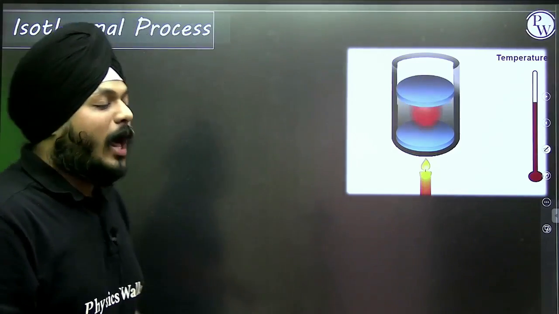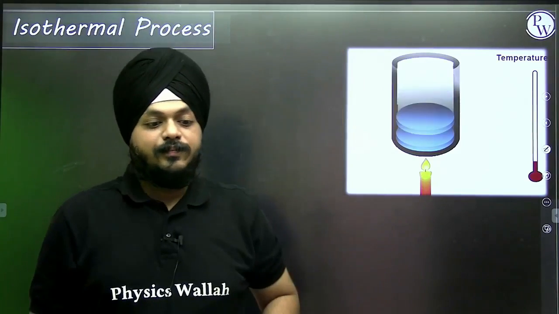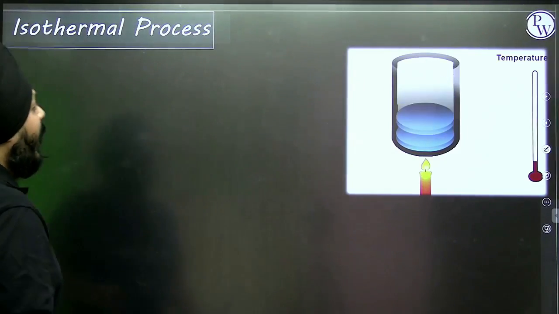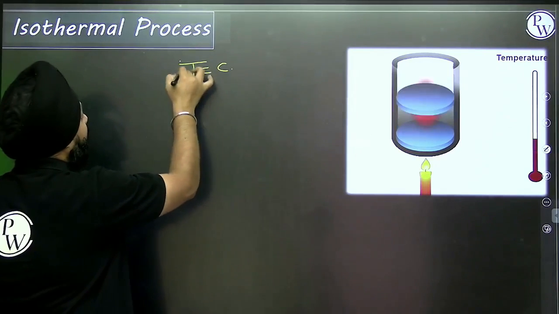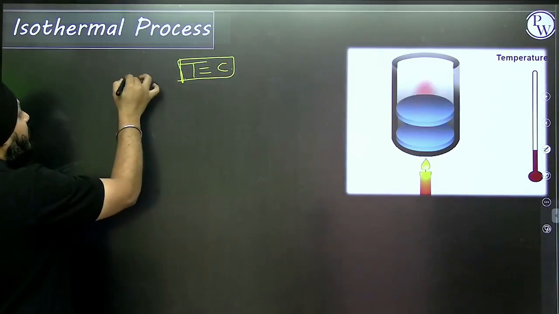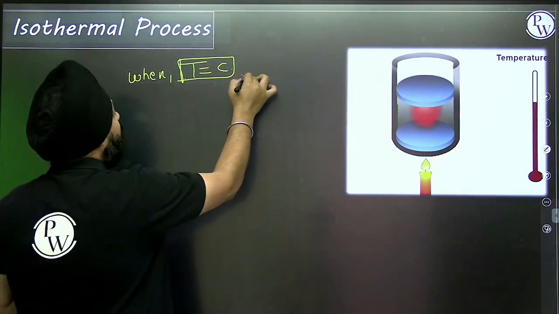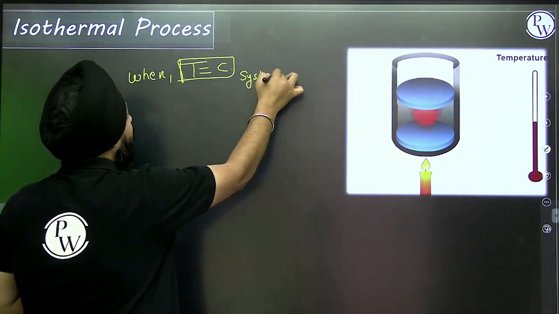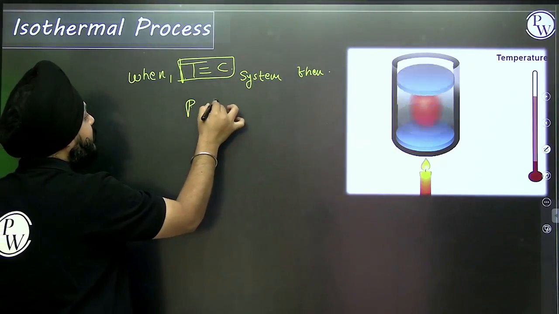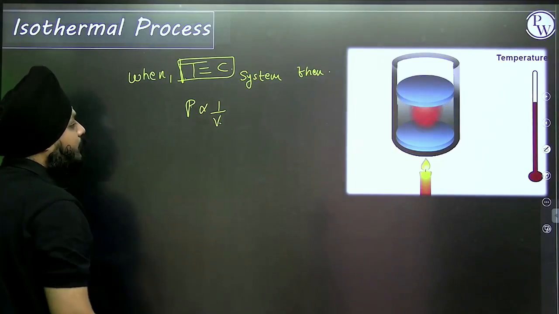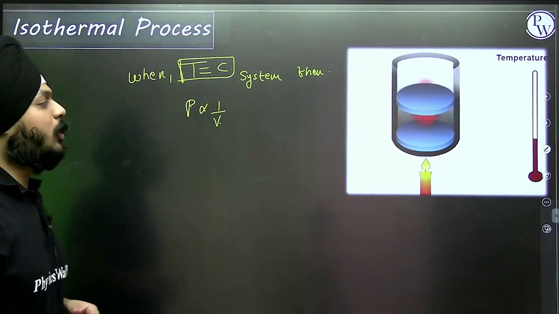So the isothermal process, what actually is it? The isothermal process states that the temperature of the system is kept constant. When the temperature of the system is kept constant, then we can say that pressure is inversely proportional to volume.